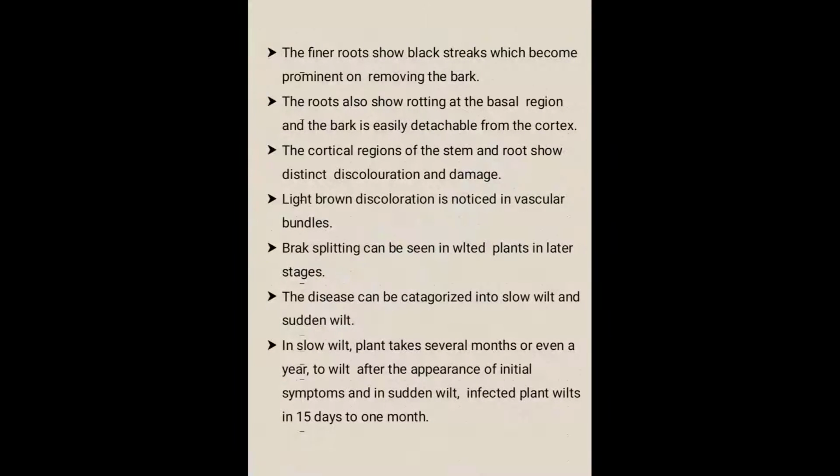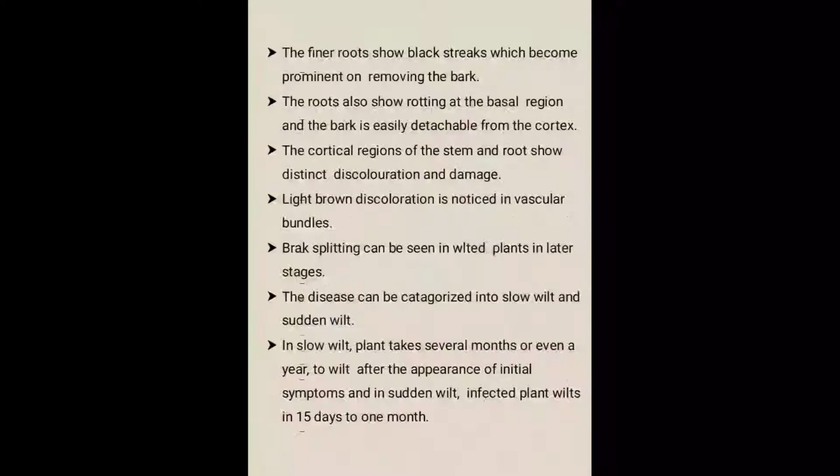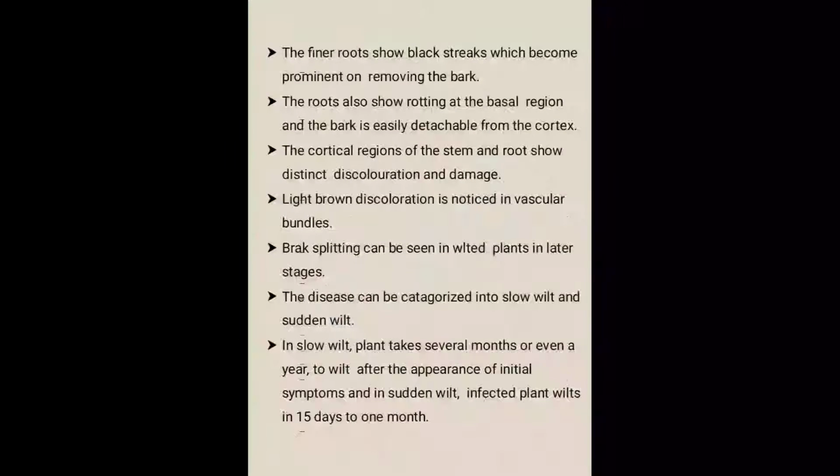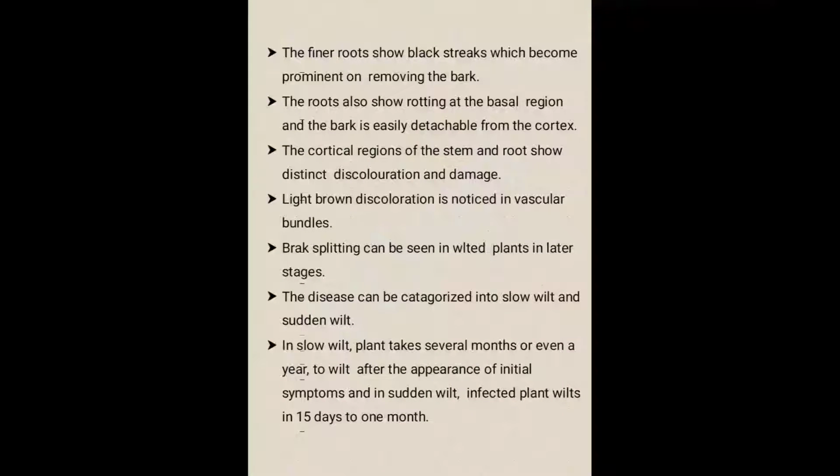The finer roots show black streaks which become prominent on removing the bark. The roots also show rotting at the basal region, and the bark is easily detachable from the cortex, means removal of bark from the cortex.